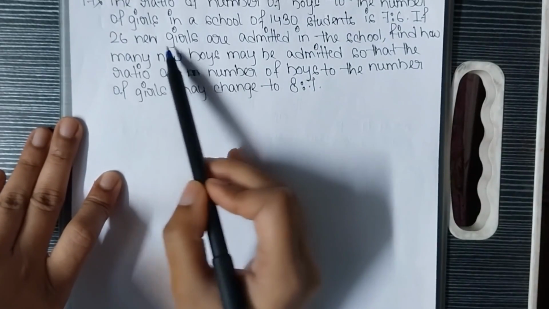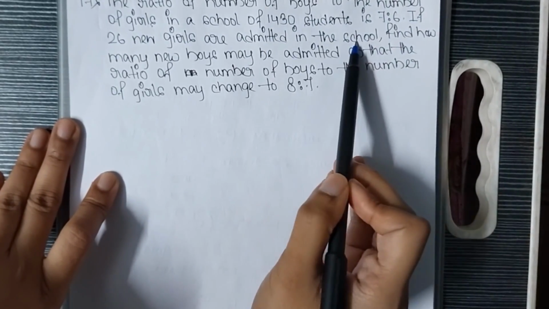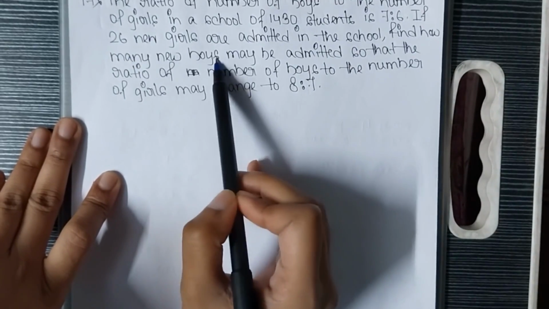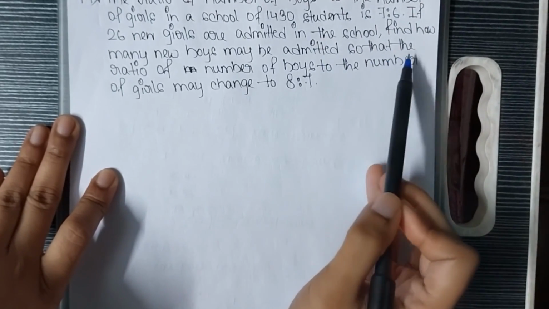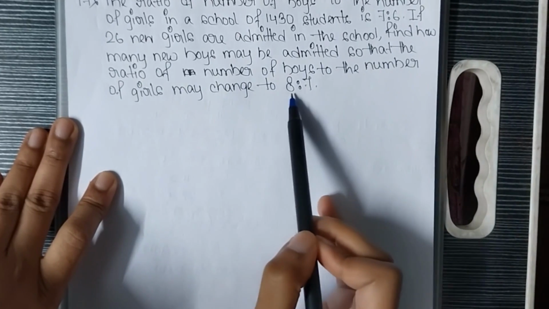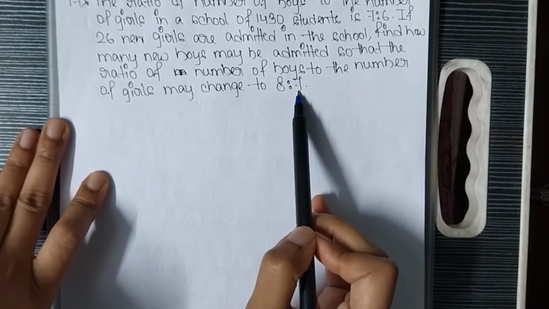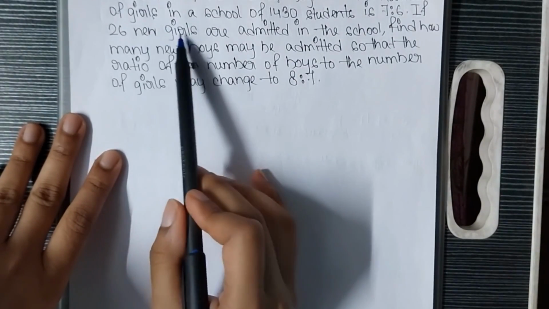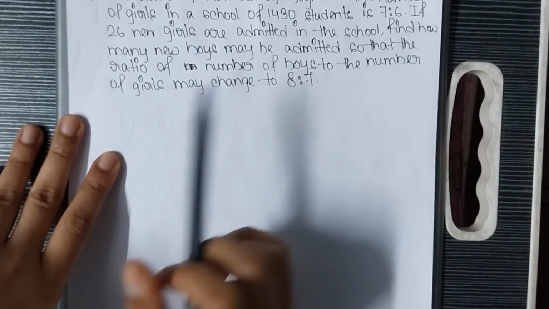If 26 new girls are admitted in the school, find how many new boys may be admitted so that the ratio of the number of boys to the number of girls may be changed to 8:7. It is given that 26 new girls are admitted in the school.